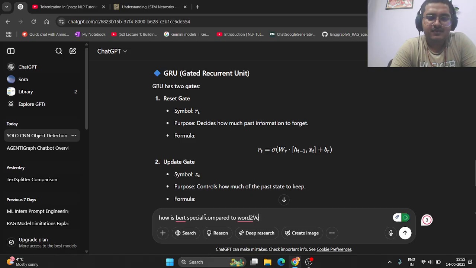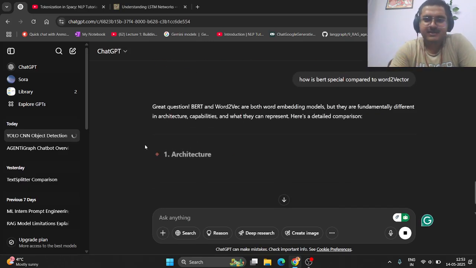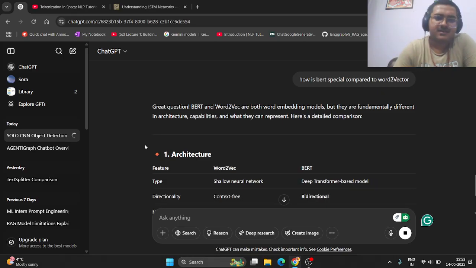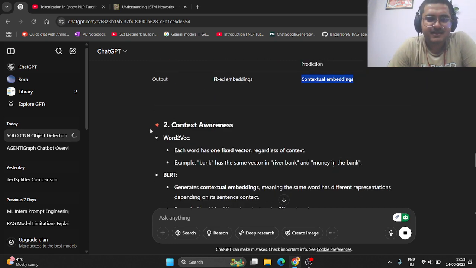But with BERT, the embeddings should be different because it captures semantic information. Fixed embedding versus contextual embeddings. Okay, I won't go into detail.